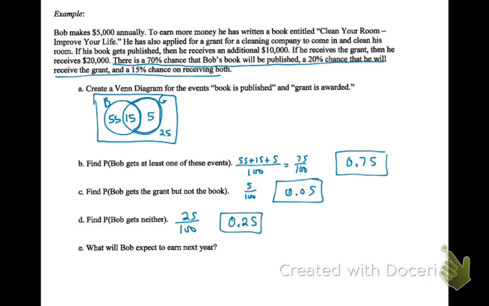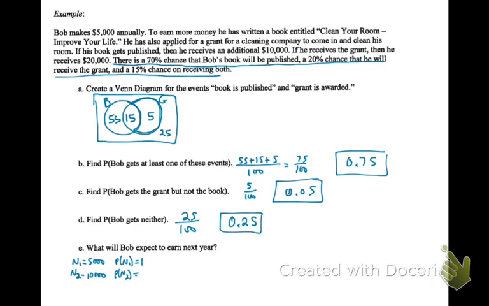Now, the question is, what should he expect to earn next year? We have essentially 3 amounts: $5,000, $10,000, and $20,000. The first amount is $5,000, and since he gets it annually, the probability of getting it is 1. He's guaranteed to get it. The second amount was $10,000, and we write down the probability of getting that amount.